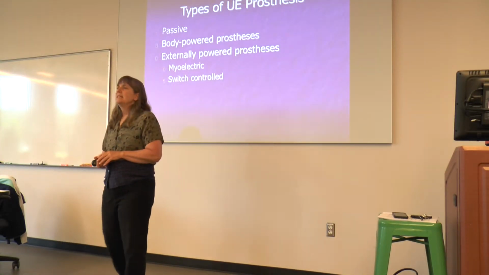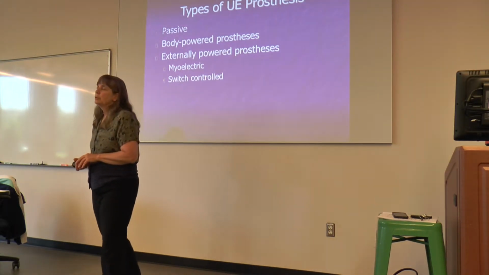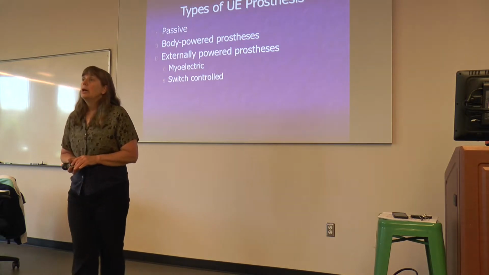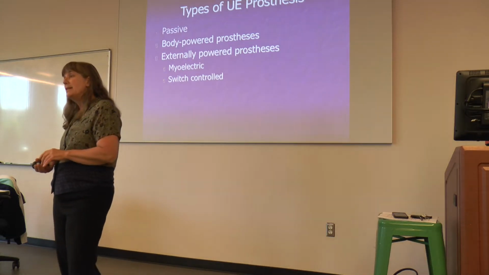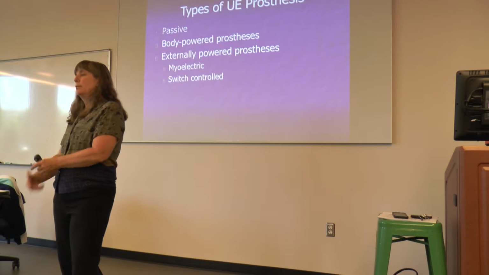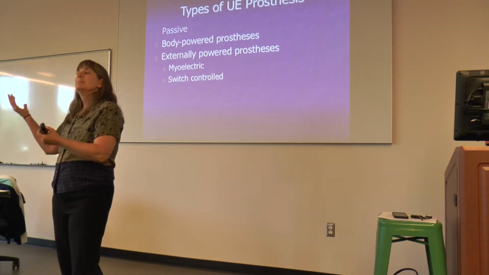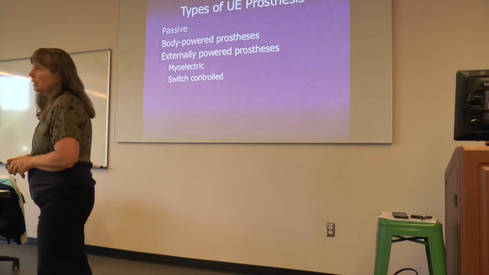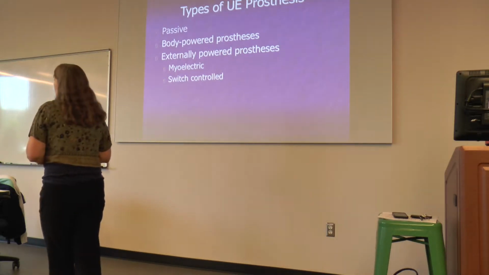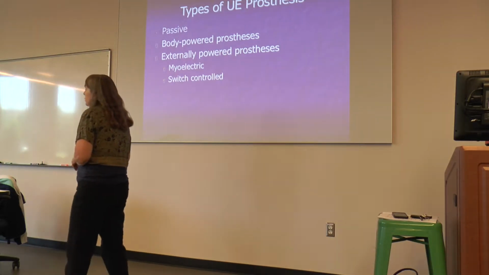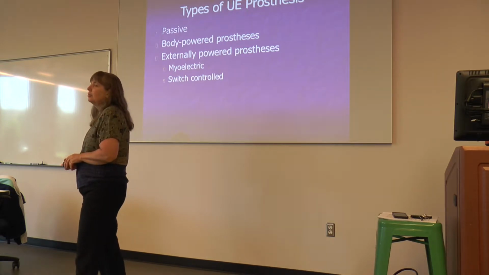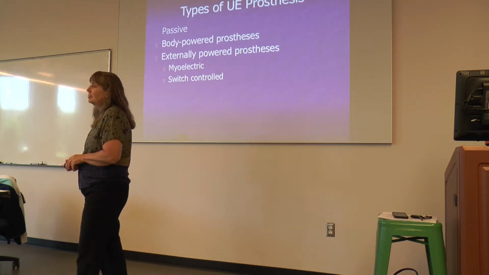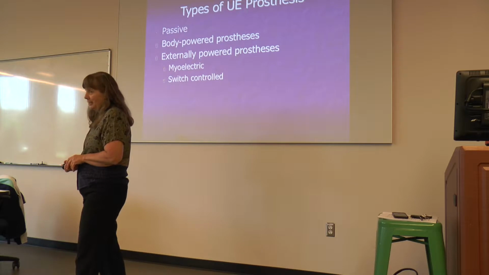Externally powered prostheses are also referred to more as myoelectric or switch control. And basically, I can do a nudge switch and it will flex the elbow. Okay? As you're going to see when we get to these slides about the pros and cons of each of these types, the myoelectrics are heavier and more expensive. And you're not talking a few thousand, you're talking major money difference.